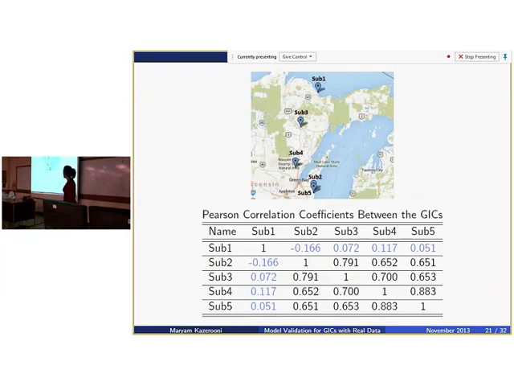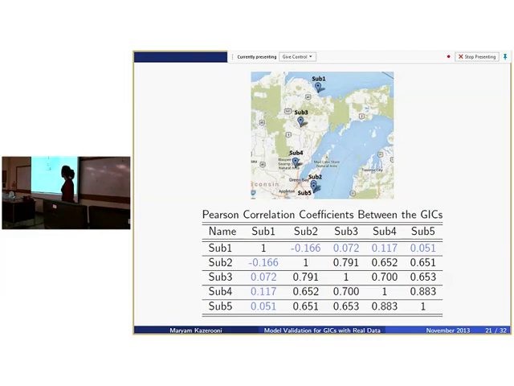To show this more quantitatively, we also calculated the correlation coefficient and we got the same result. So for sure, substation 1 is showing less correlation with the others. Now, if you consider the geographic location of substation 1, you see that it's all the way up north.